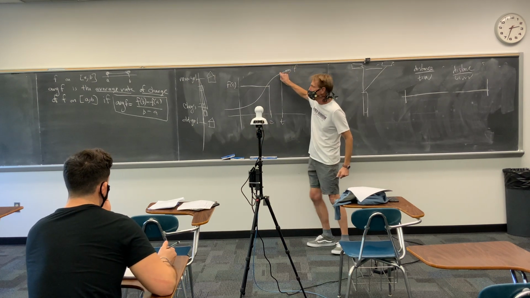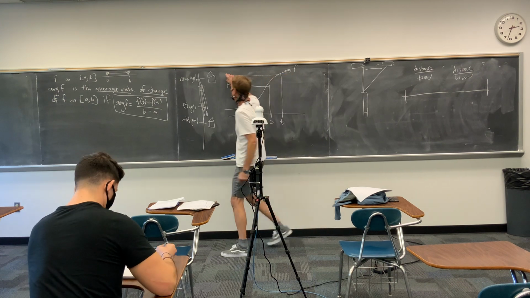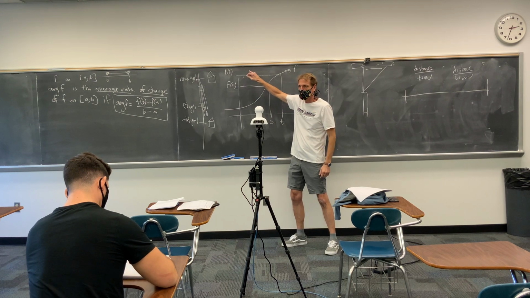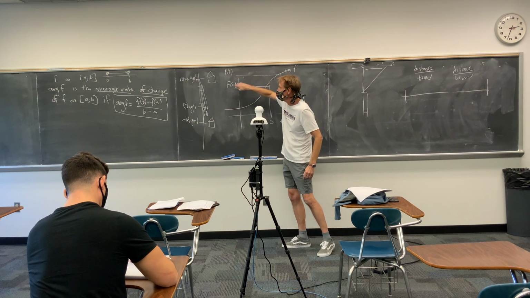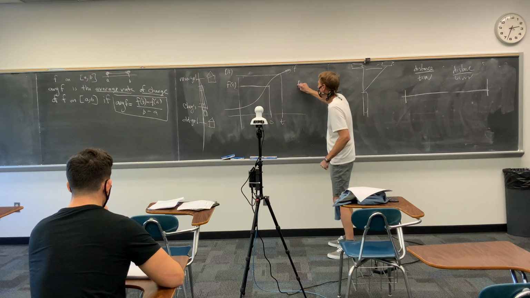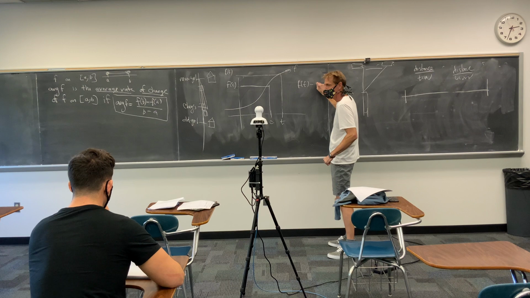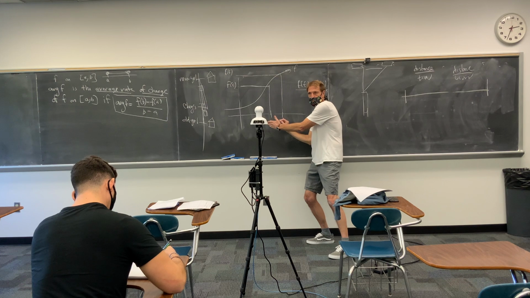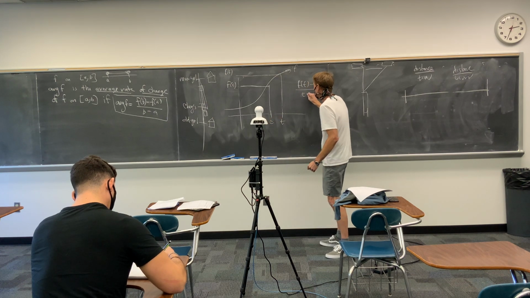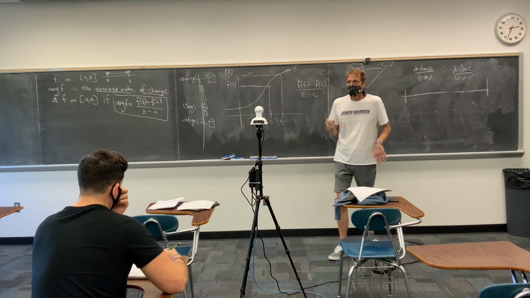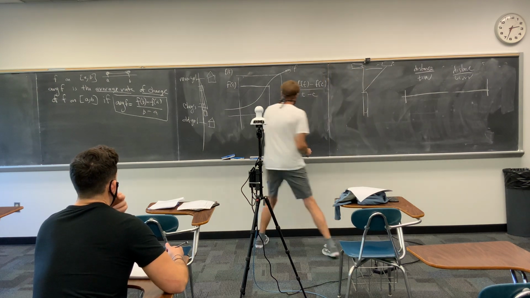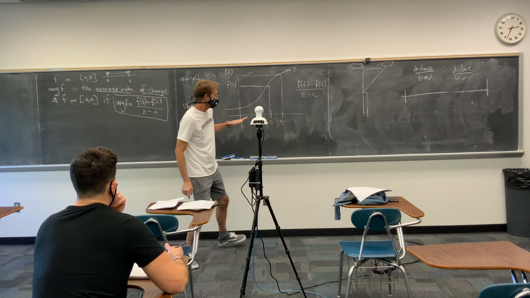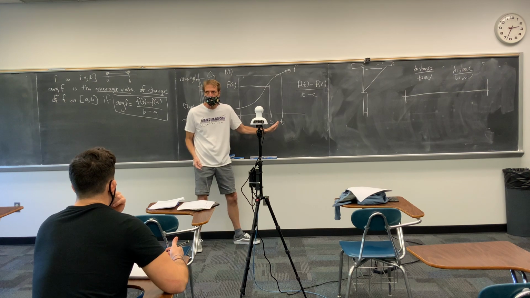This would be the point F of T. Now, if I look at the average rate of change, it would be this distance minus that distance, which would be F of T minus F of C, over the time interval, which would be T minus C. The smaller this time interval gets, the closer T gets to C, the better the approximation gets to your actual speed.